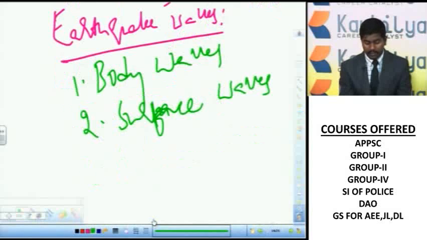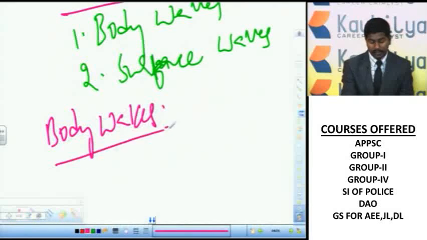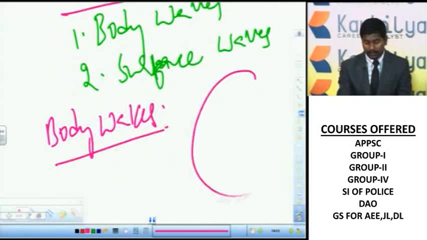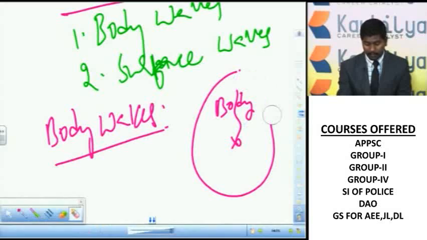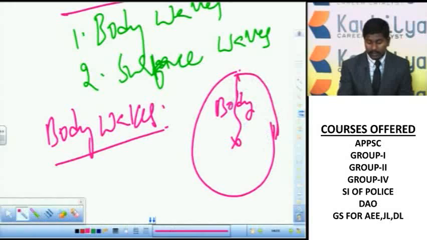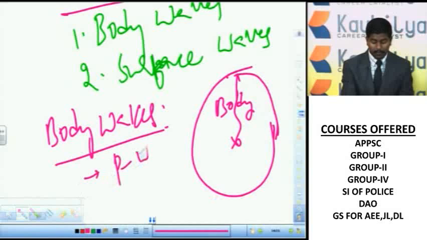Body waves are those which travel inside the earth, that is from the focus to the earth's surface. These waves travel inside the earth from the focus up to the epicenter, not on the surface. These are called body waves, and these body waves are of two types: P waves and S waves.